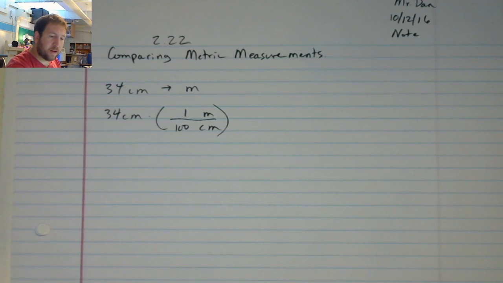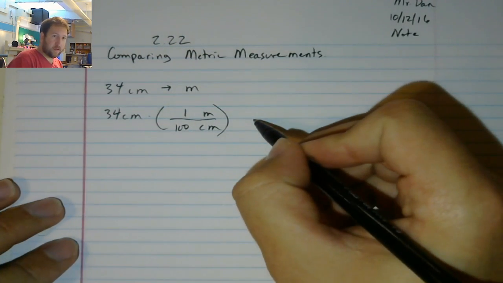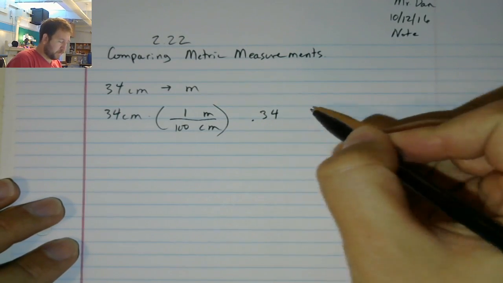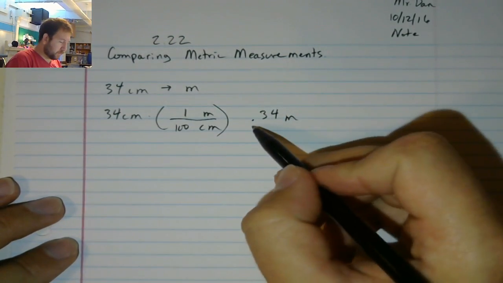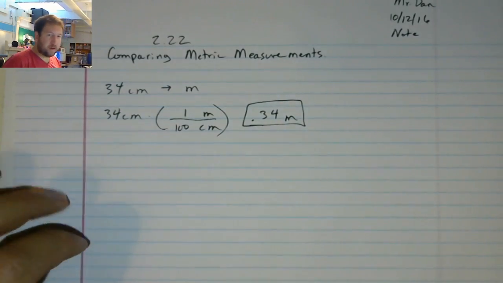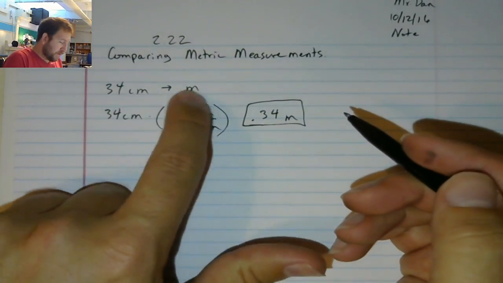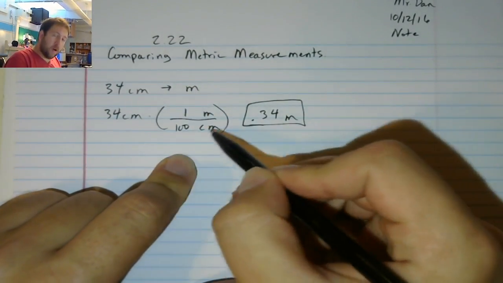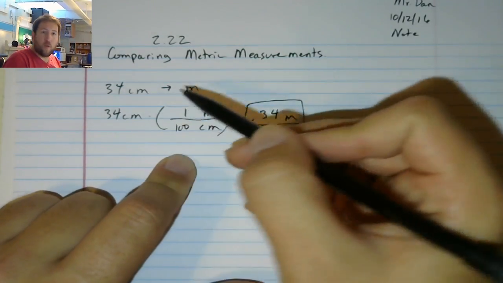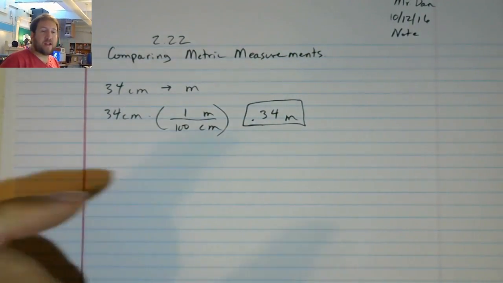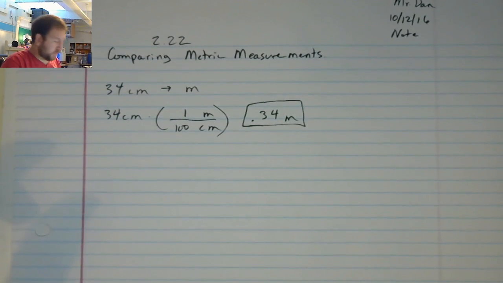I can do that on my calculator, and I know that that is 0.34 meters. Cool. Done. So that's how I can convert between units. And that's nice. If I'm going to my reference unit, I only need one parentheses. If I'm going away from my reference unit again, I'll need a second set. So that's kind of one of our little tricky things.